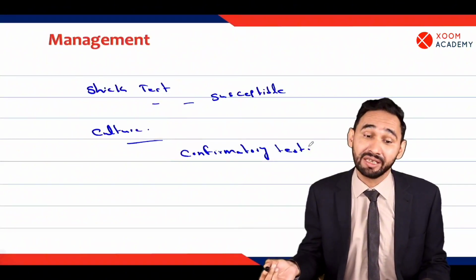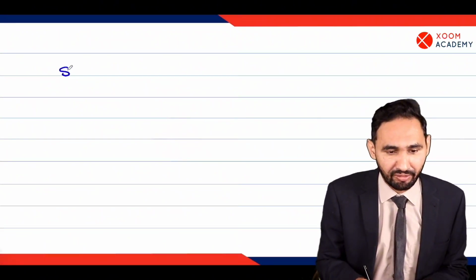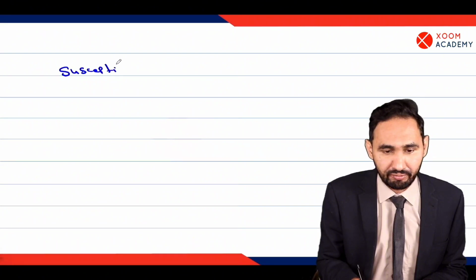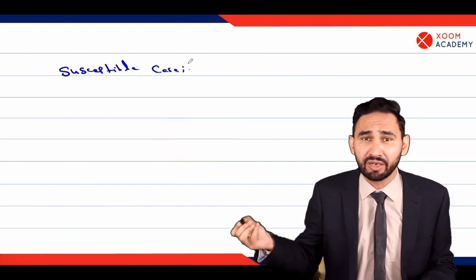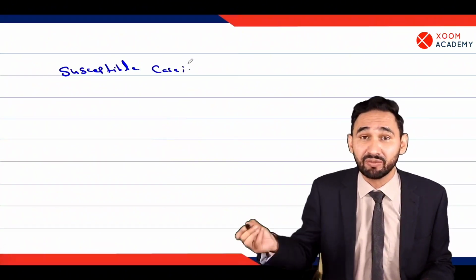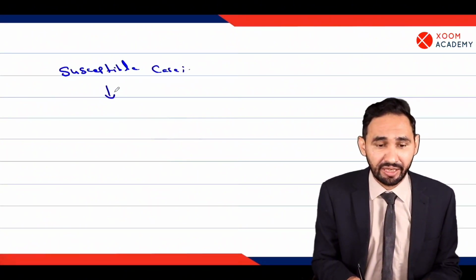How will you manage a case of diphtheria? How will you manage a susceptible case? First we'll start from the susceptible case. Nurses, doctors or staff working in the PEDS ward can be susceptible to diphtheria. So how can we manage a susceptible case?